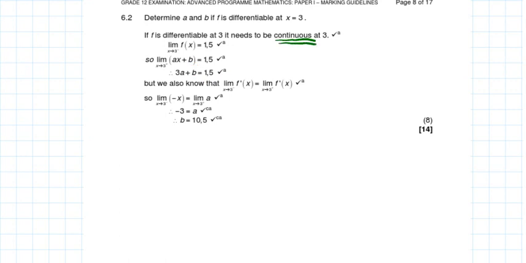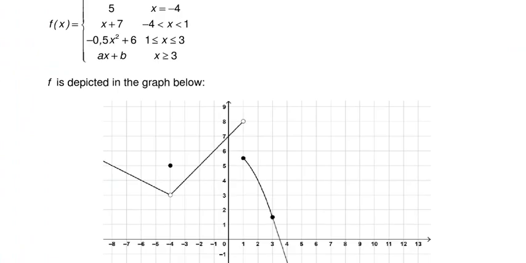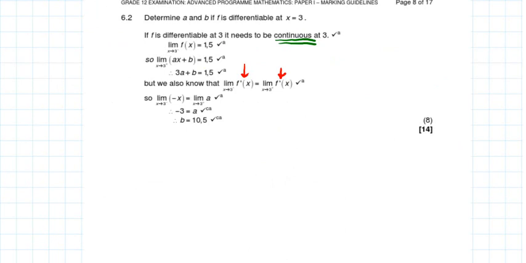Now for the differentiability, I will check the limits of the derivatives. I have to take the derivatives first. You can actually just write aside this derivative. What is it? The derivative of that is minus x, that's all, and the derivative of this is a. So these are the derivatives, minus x and a. So what do we get? Minus x.